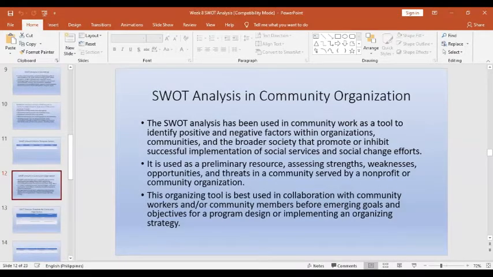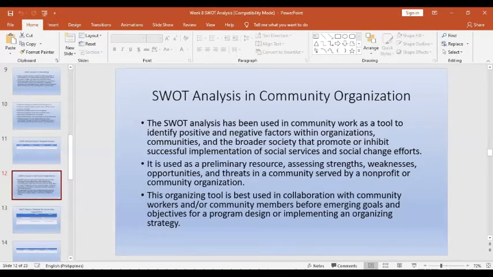Of course, SWOT analysis can be used not only in marketing, but also in community organizations, regardless of whether the community organization is profitable or non-profitable. This analysis is used to identify the areas of concern that we need to address and how to resolve those concerns by establishing decision-making.